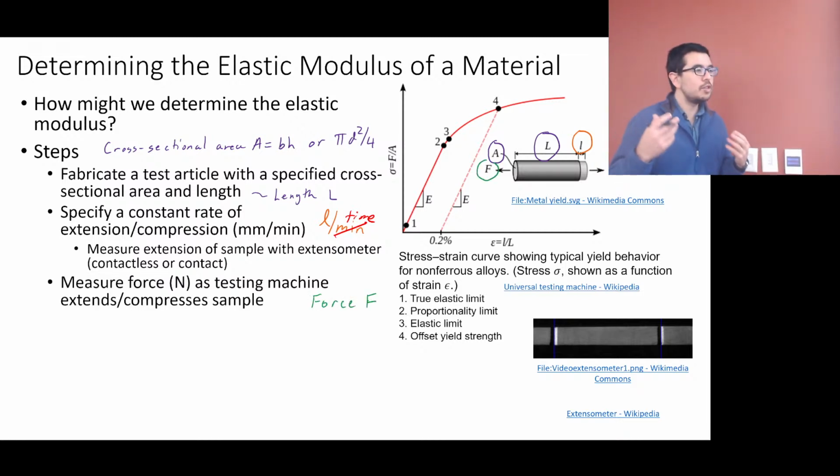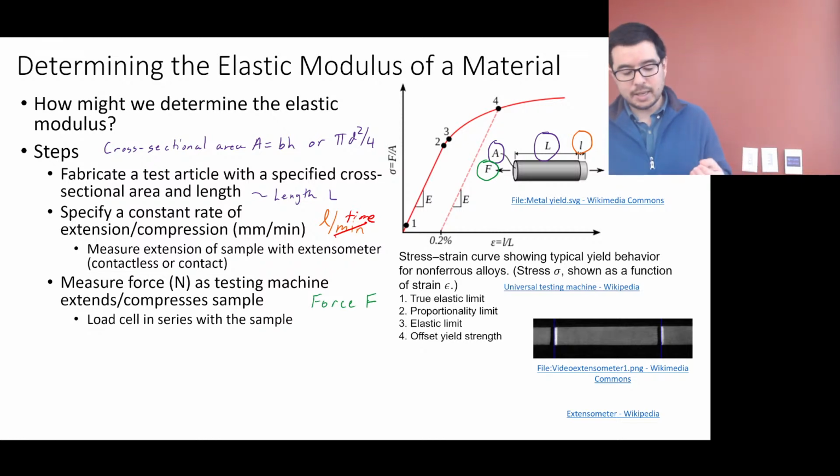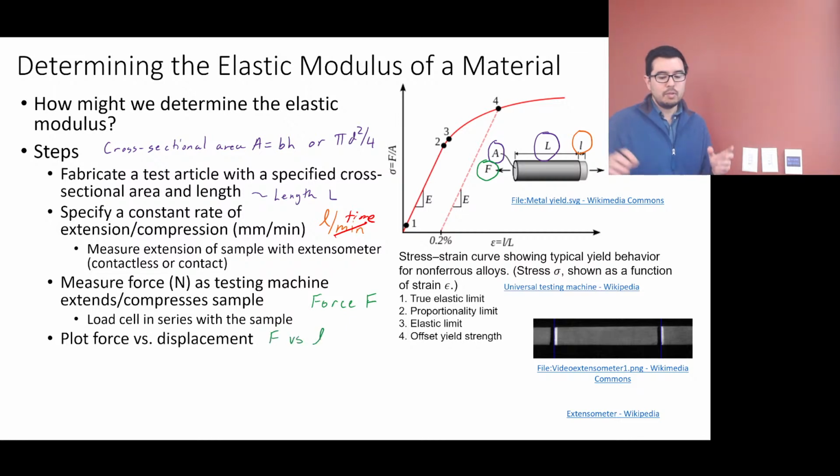Then have a way to measure the force. We've got to measure the force while we're doing the test. And as we discussed a few seconds ago, the load cell is going to be in series with the sample, so it's going to be experiencing the same amount of force that the sample is experiencing. Then plot the force versus the displacement.